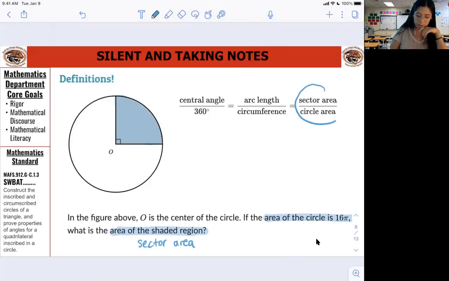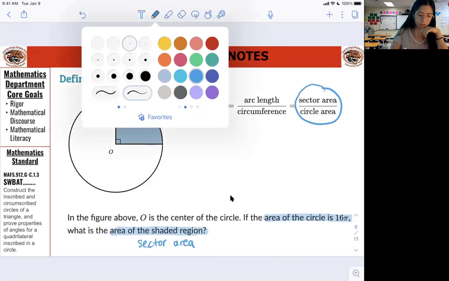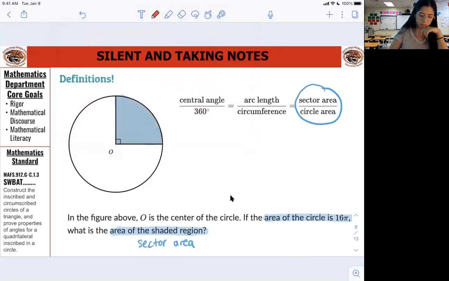So we can use this portion, the sector area, and the circle area. Why did you say the first one? Because the arc length and the circumference are on the outside. So we have to find the area, what's on the inside.